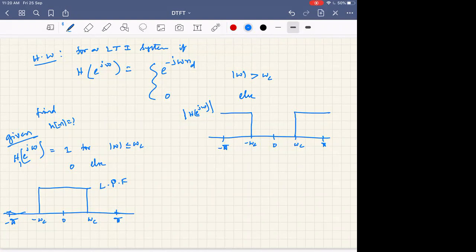Which are low frequencies and which are high frequencies here? 0 to omega c are low frequencies. Close to 0 are low frequencies. Which are high frequencies? Close to pi, close to minus pi.